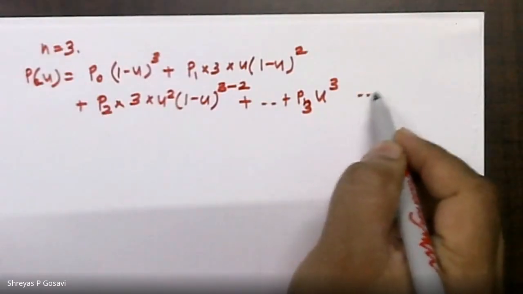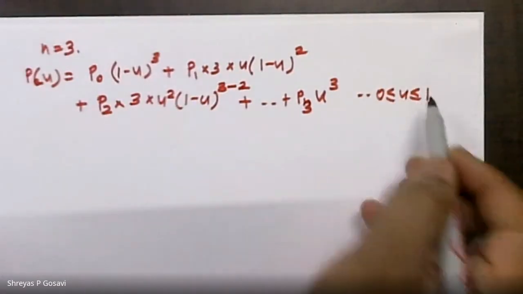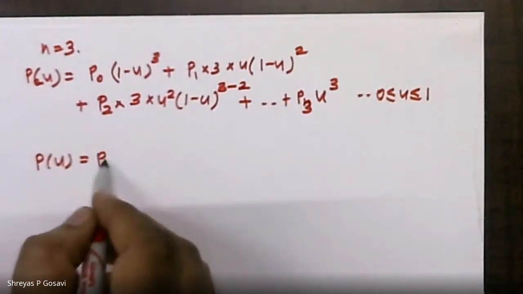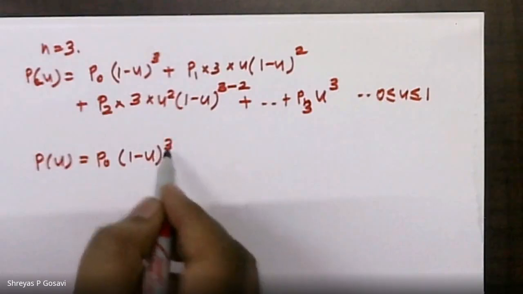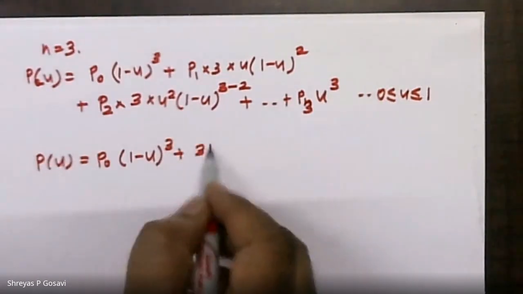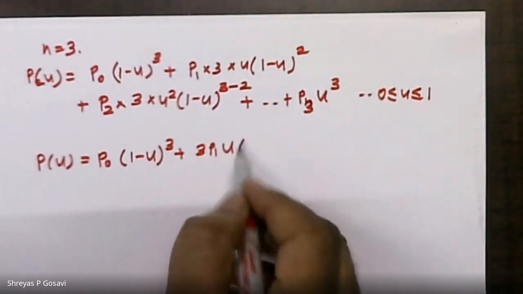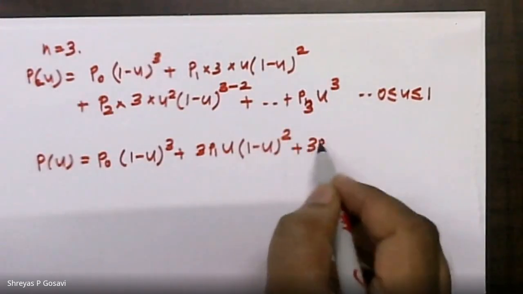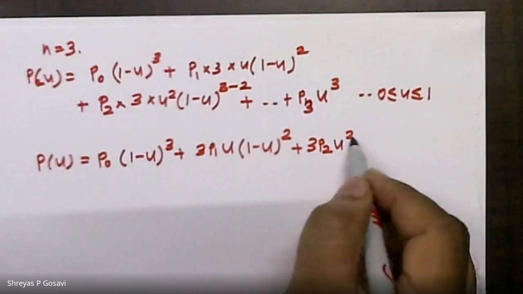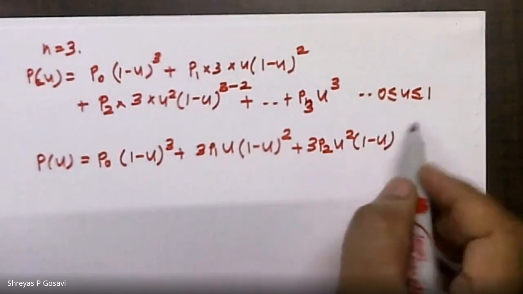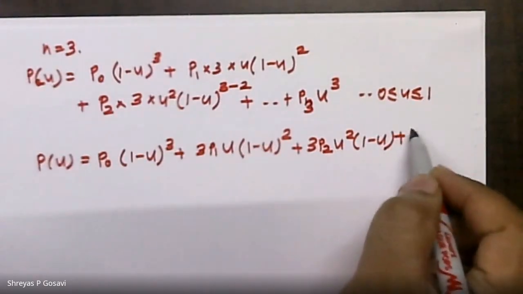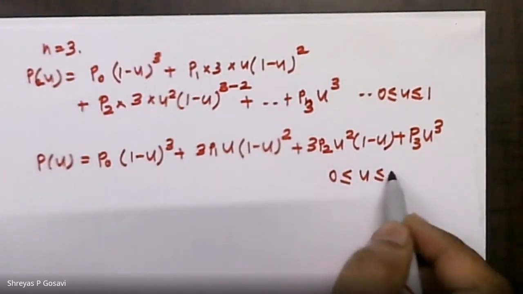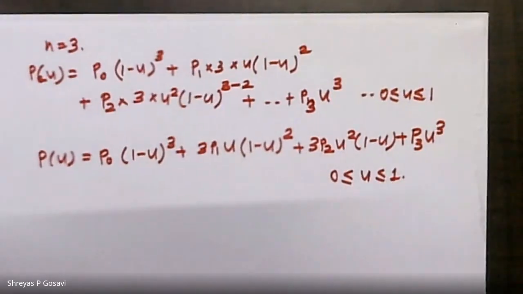Okay. So u ranges from 0 to 1. So P(u) will be equal to P0 into (1 minus u) cube plus 3 P1 into u into (1 minus u) square plus thrice of P2 into u square into (1 minus u) plus P3 into u cube, where u ranges from 0 to 1.